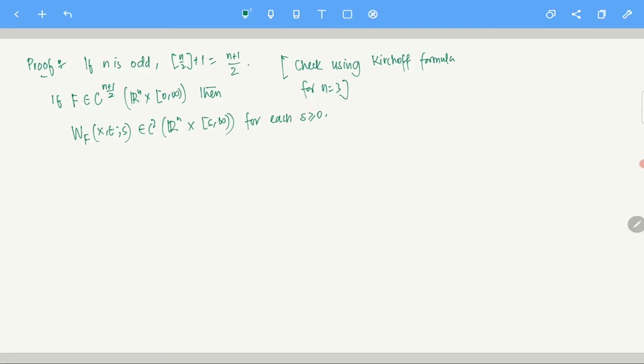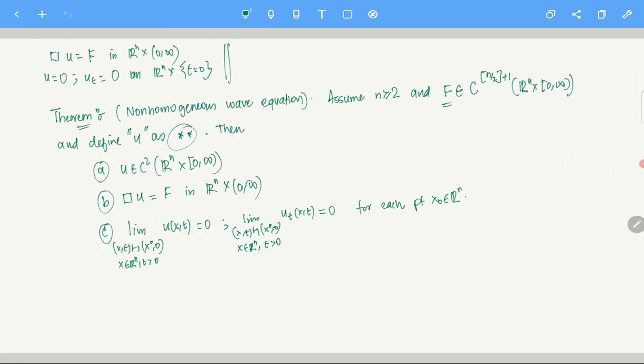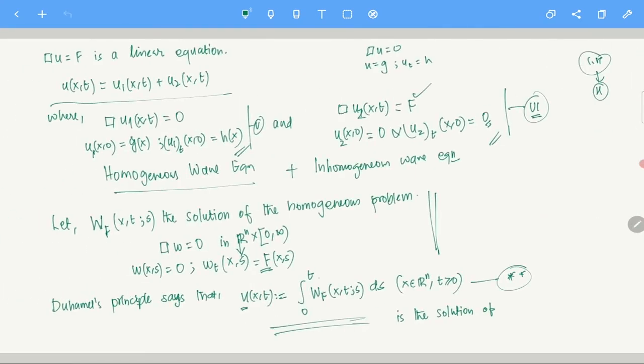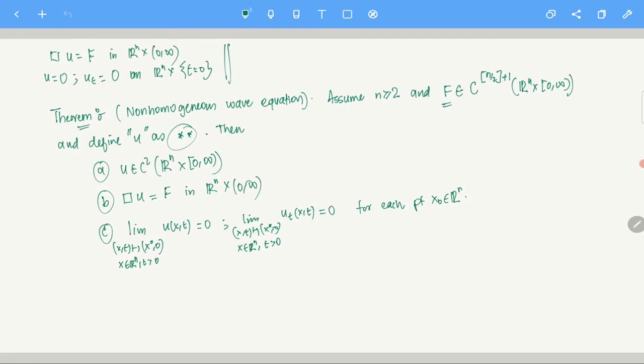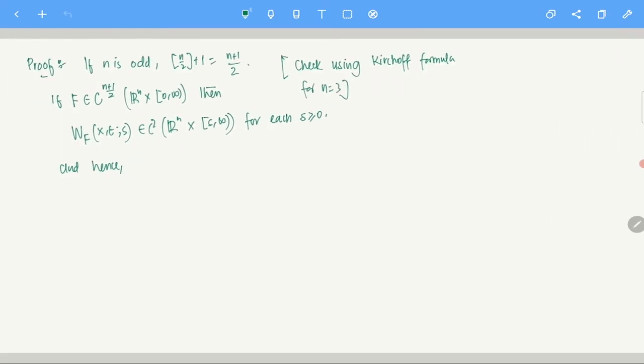Clear? And hence u, which is defined by the integral of Wf between 0 and t, right? Okay, so if Wf is in C2, u is of course at least actually C3, but for now you can of course take it to be C2, that's not an issue, right? Okay, so hence u is in C2 of Rn cross (0, infinity).